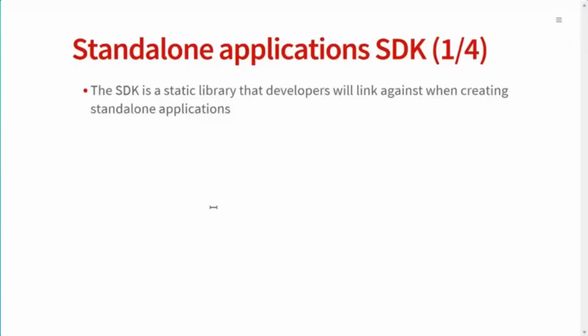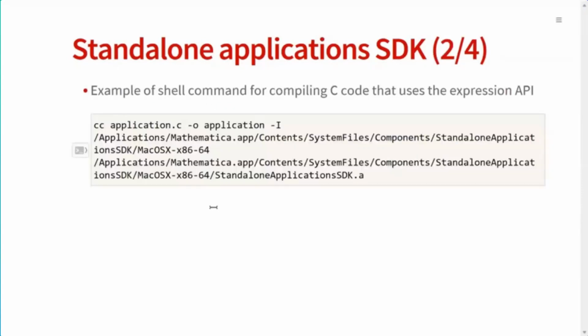One final point on the expression API is that developers will be using the Standalone Applications SDK. This is just a static library that you will be linking against. As an example of what that would look like in a shell command, consider that you're compiling some C file that uses the expression API called application.c.